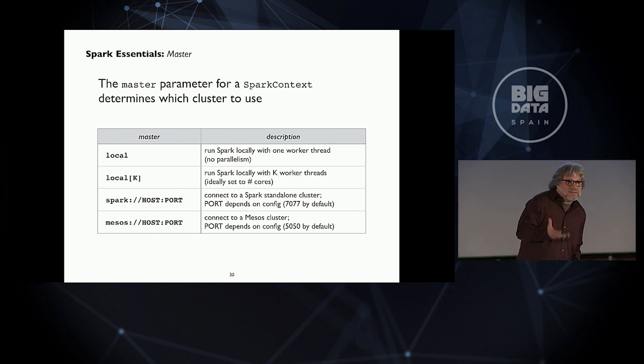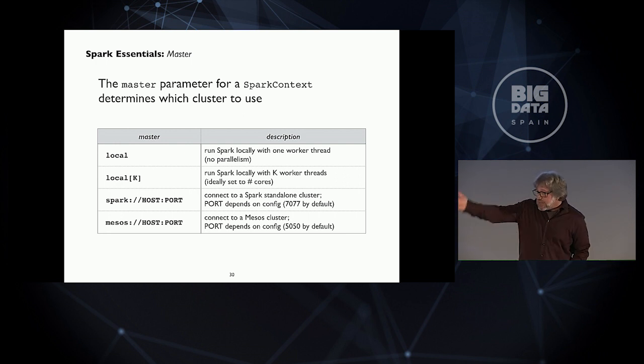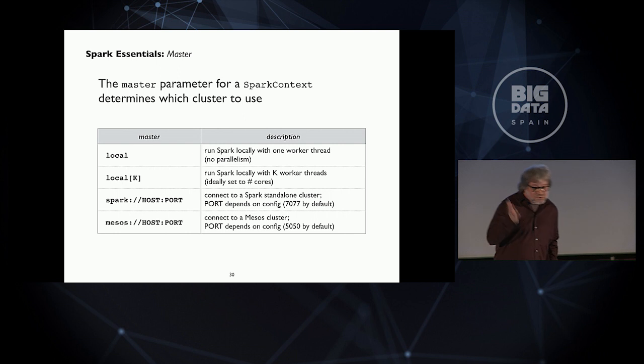One of them is called master, and it always points to where the cluster is. In this case, I'm running off my laptop, so the master is just local. I'm just running on my local machine, but if I wanted to, I could redirect that out to some cluster running in the cloud. That could be running on Yarn, Mesos, Spark Standalone, et cetera.